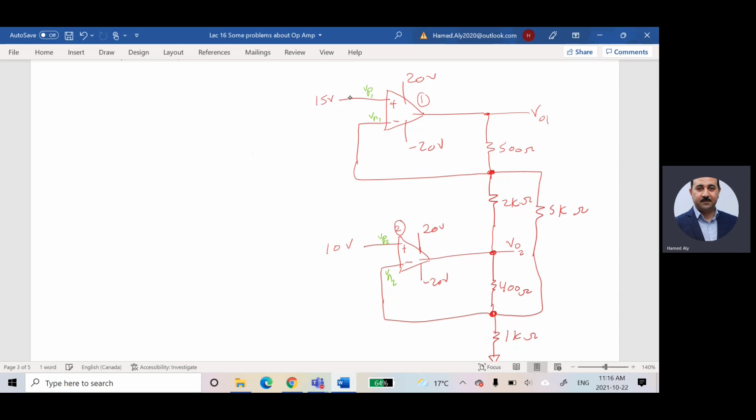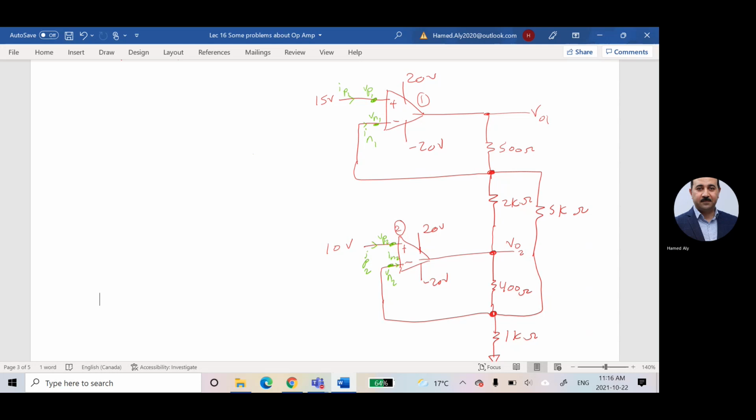By the way, the current here is IP1, the current here is IN1, the current here is IP2, and the current here is IN2.